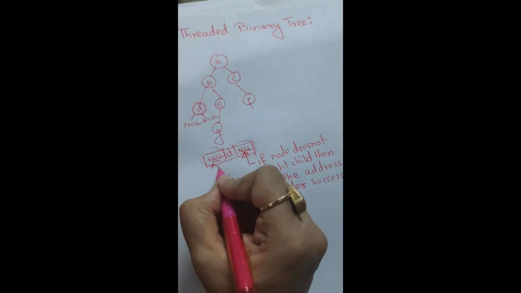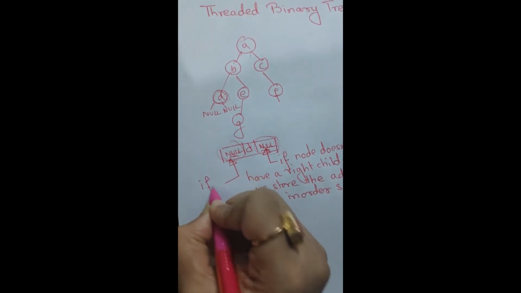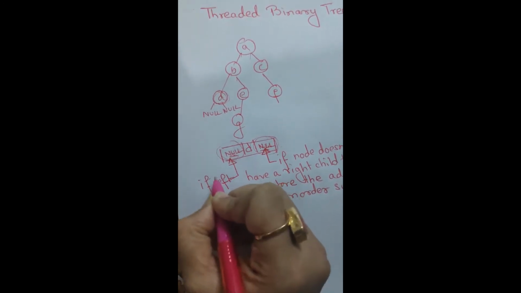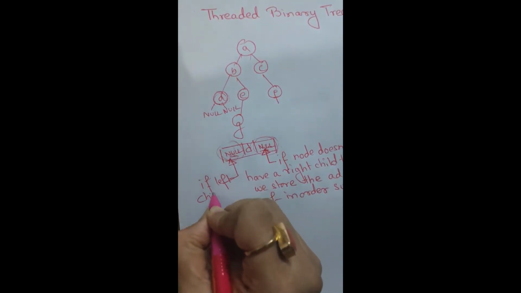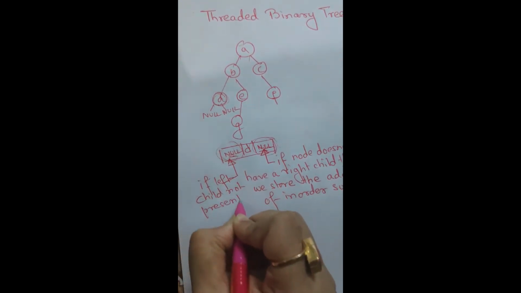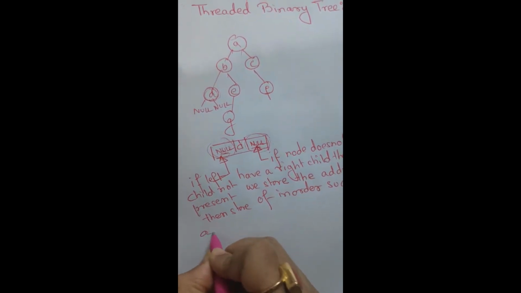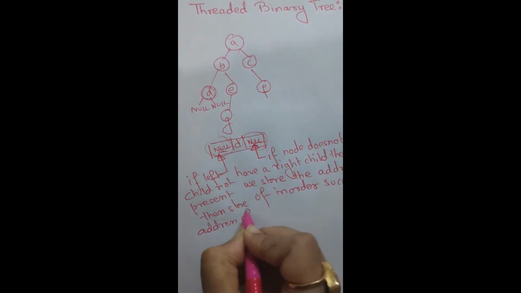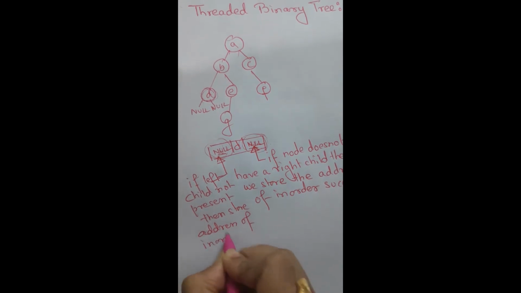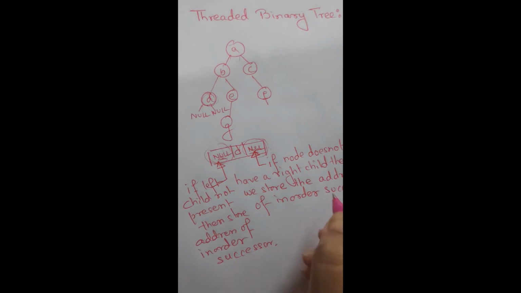And this location, if left child is not present, then store the address of in order predecessor, correct?